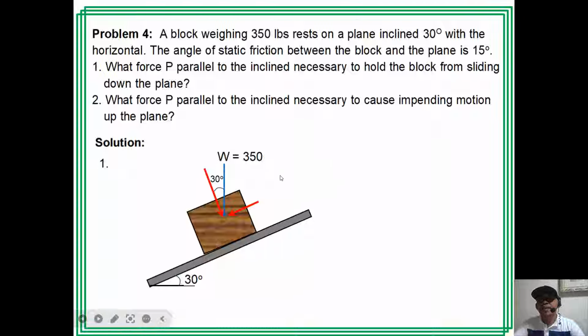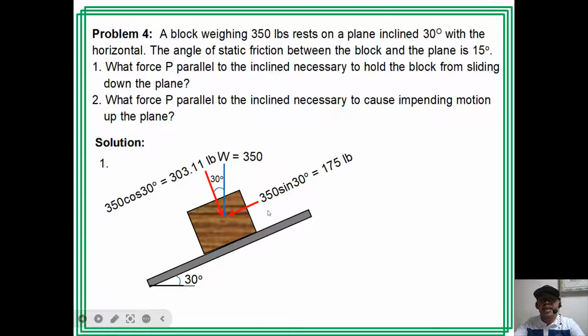Can you follow? The normal component of the weight, when you say normal, that is perpendicular to the surface, is 350 cosine of 30, so this is 303.11. The component of the weight parallel to the incline is 350 sine of 30, that is 175.